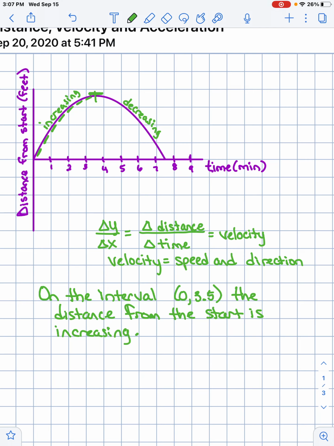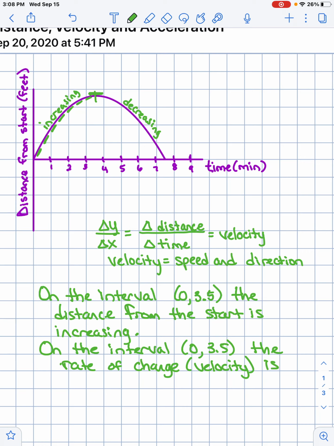We also see that the velocity, or the slope, the rate of change, is positive on this interval as well. So the rate of change, or the velocity, is positive.